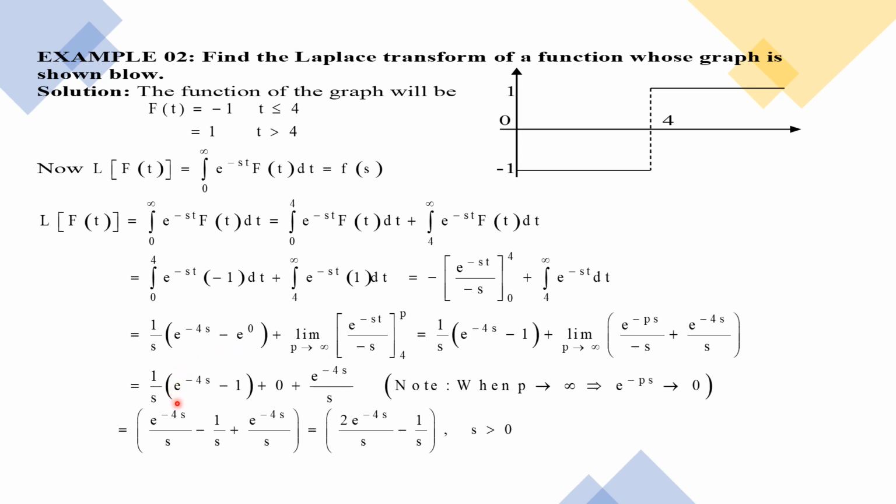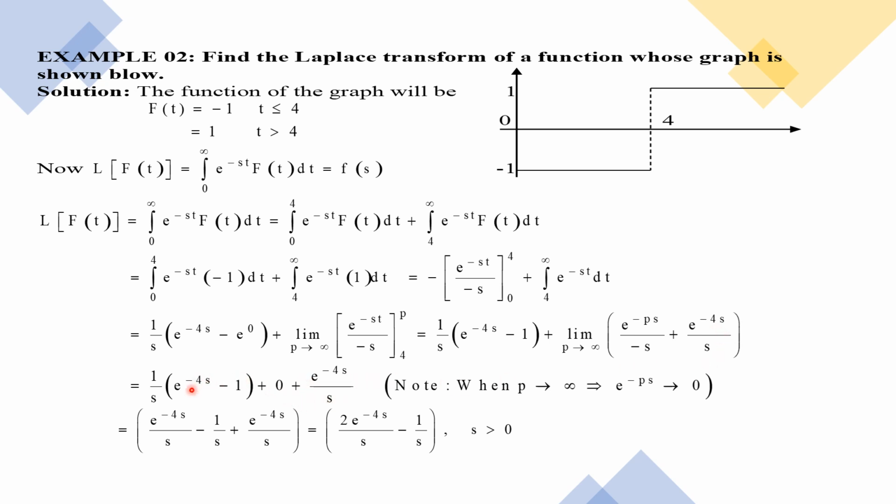1 over s e power minus 4s minus 1, e power minus ps over minus s. As p tends to infinity, this term goes to 0. E power minus infinity is 1 over e power infinity, 1 over infinity, which is equal to 0, and we have just e power minus 4s upon s.